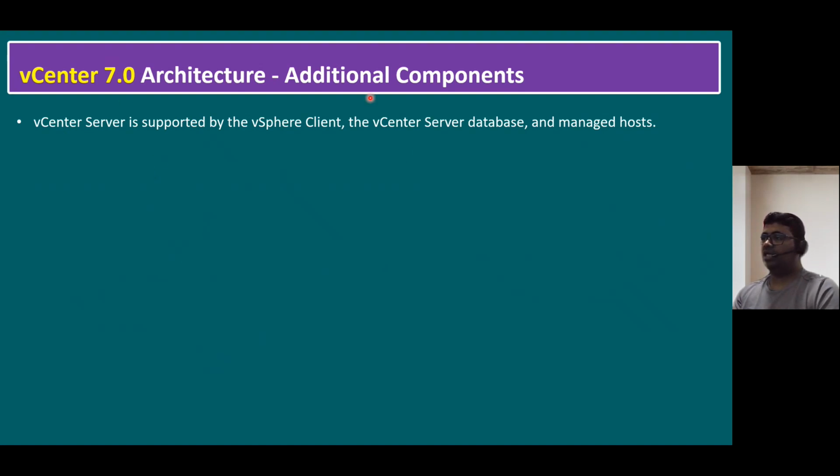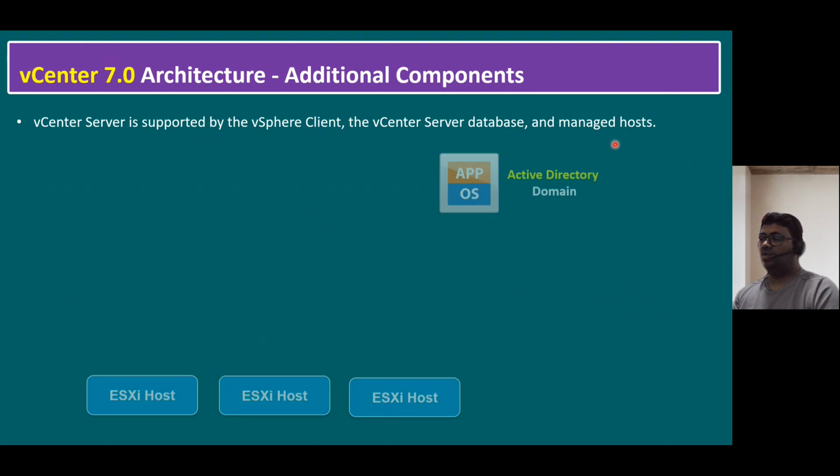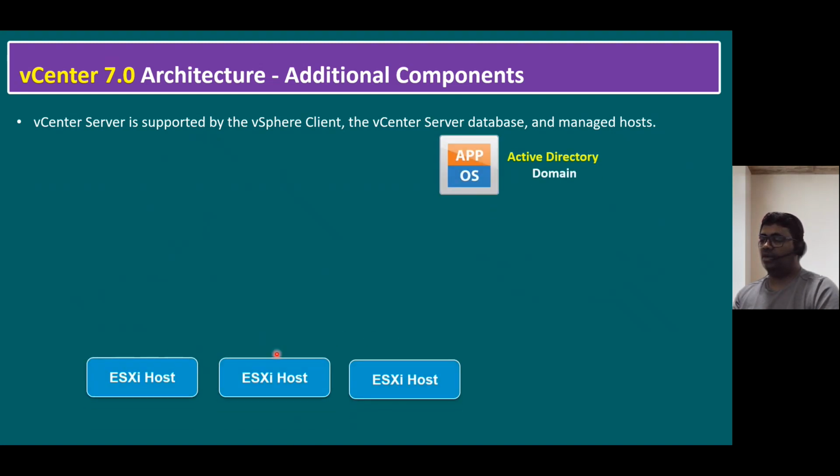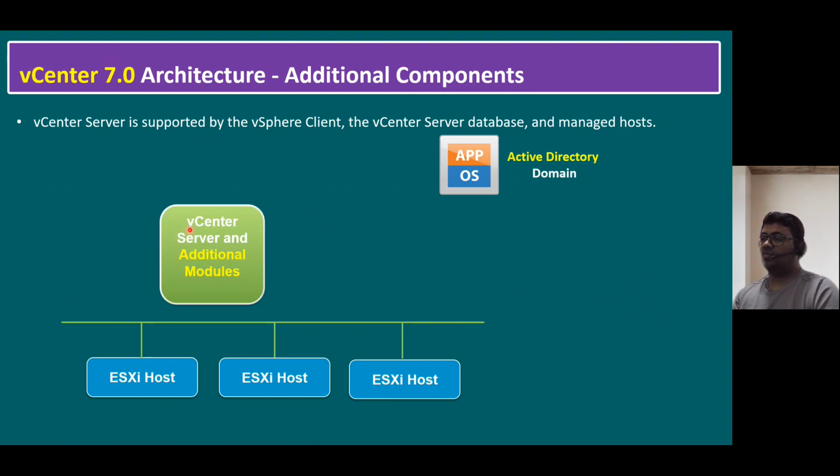See, vCenter Server architecture additional components. vCenter Server is supported by the vSphere client, the vCenter database, and managed hosts. Here, one key point is, as we know, I took the example of three ESXi hosts, and in order to configure vCenter Server, additional modules will be installed automatically.